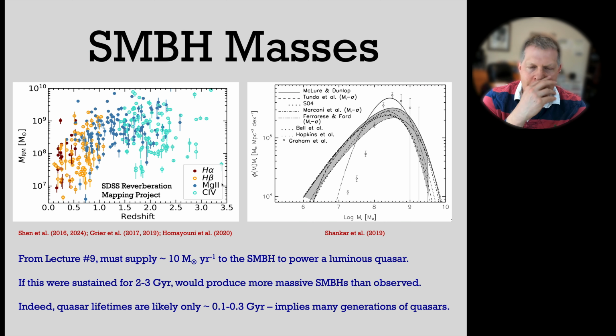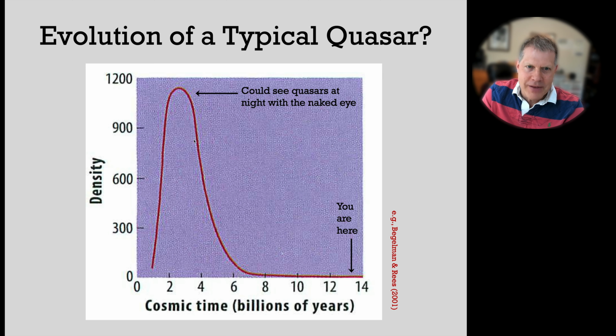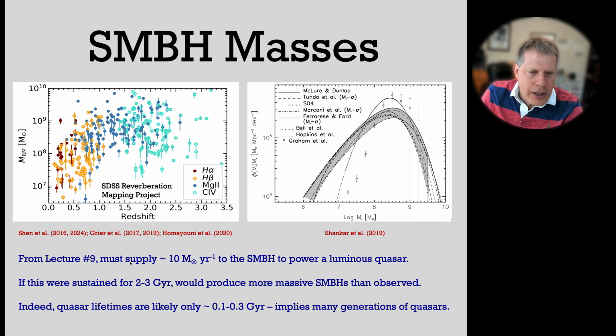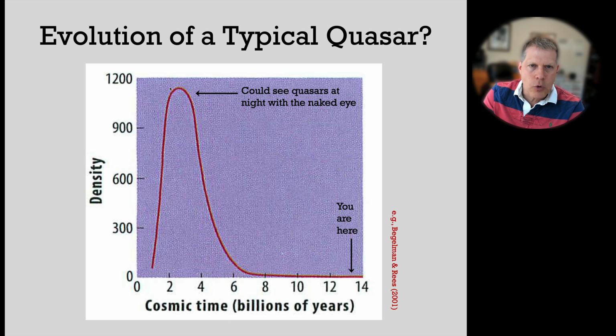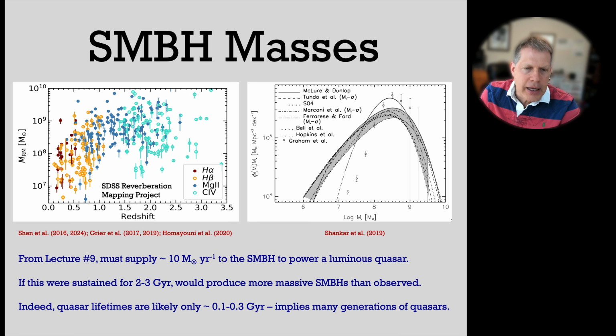Okay, so then how does that fit together with this evolution? Well, that's what I have written down here. You will remember from our previous lecture on feeding the monster that to power one of these very luminous quasars over here, you have to feed it roughly 10 solar masses per year of mass.